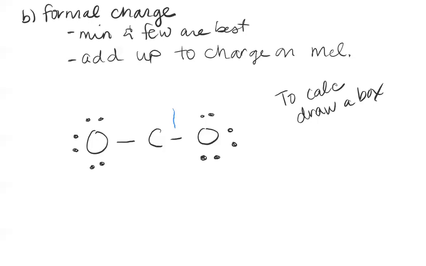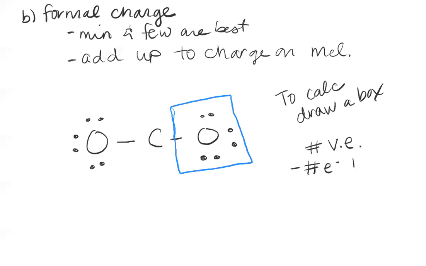So I draw it and split that bond in half and go around that oxygen atom, okay? And the way we calculate formal charges is I do the number of valence electrons that we calculated at the beginning minus the number of electrons in the box, and that will give us our formal charge.